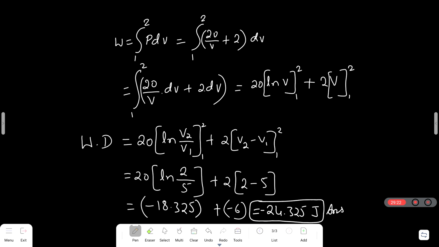Meaning to say that in the entire compression and expansion, when we are compressing, there has to be work done on the system. So it is negative. Work is done on the system. That's why negative.